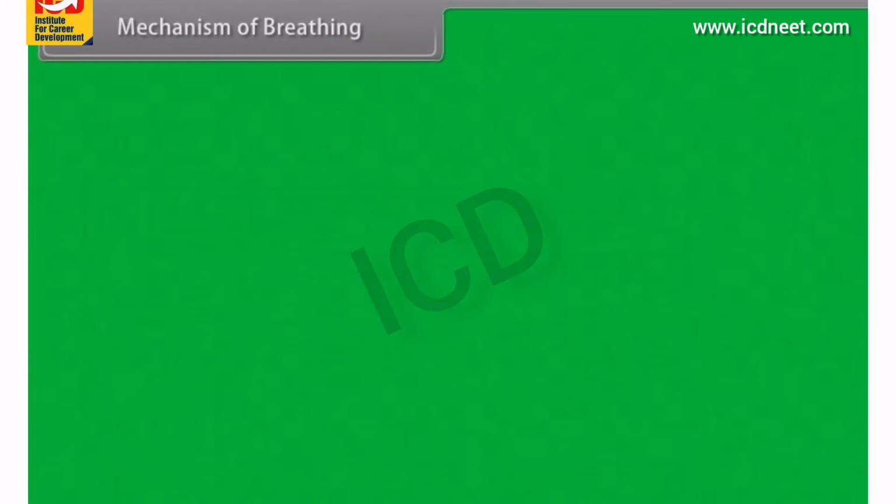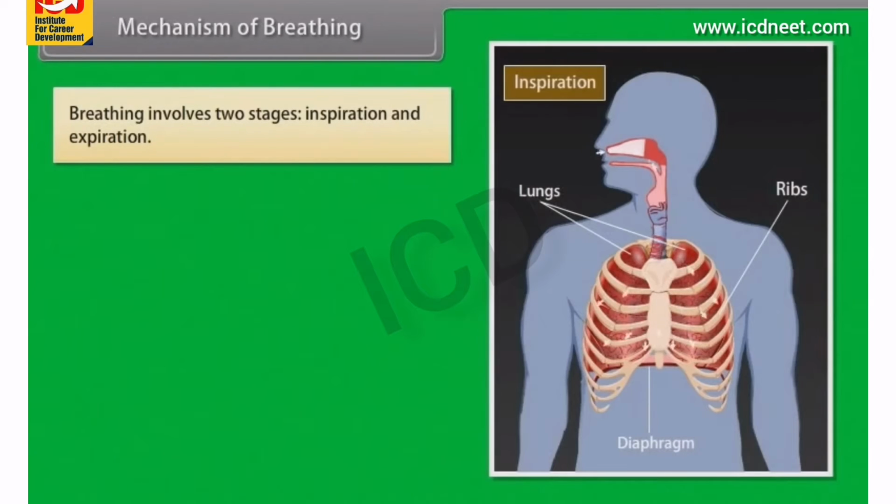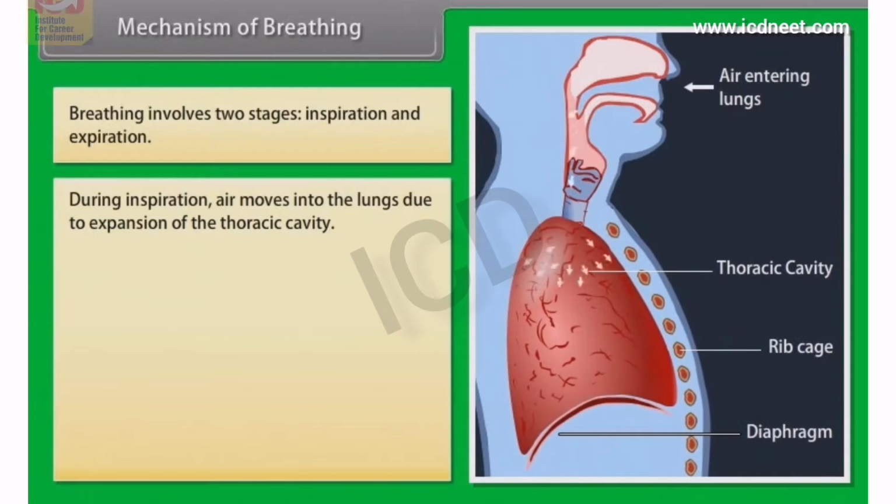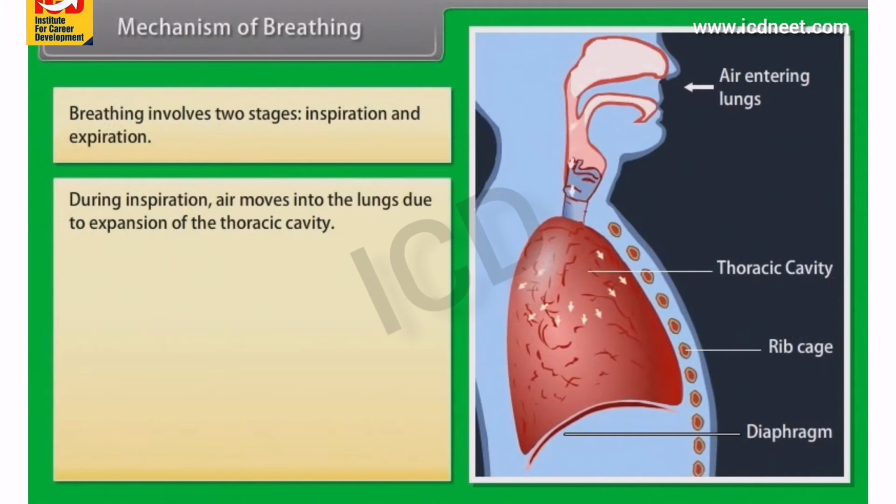Mechanism of breathing. Breathing involves two stages, inspiration and expiration. During inspiration, air moves into the lungs due to expansion of the thoracic cavity.